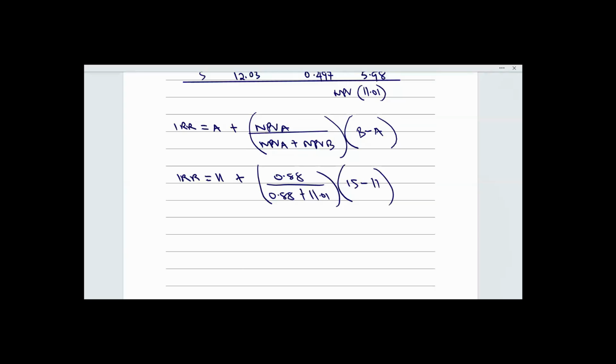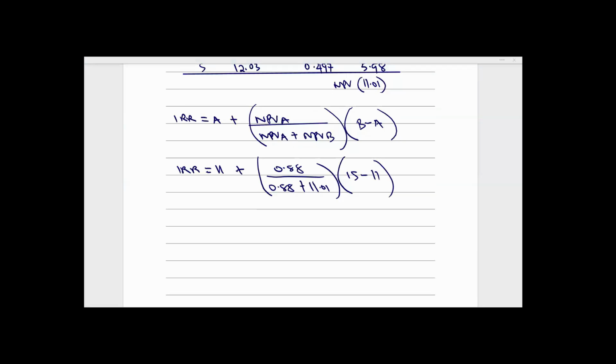Therefore, starting from the denominator, 0.88 plus 11.01 equals 11.89. So 0.88 divided by 11.89, then multiply by the difference between 15 and 11, that's 4, plus 11.